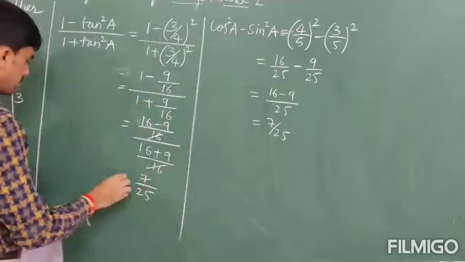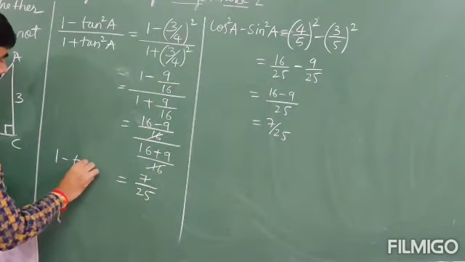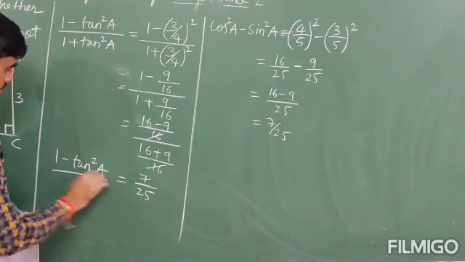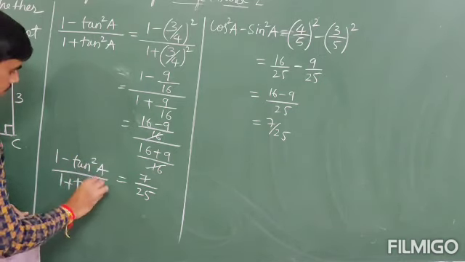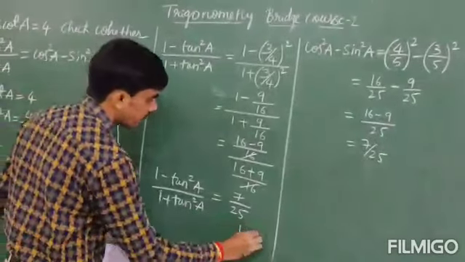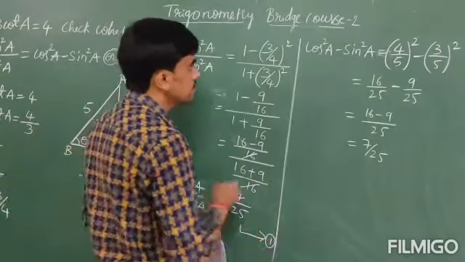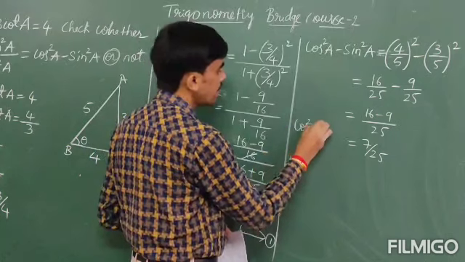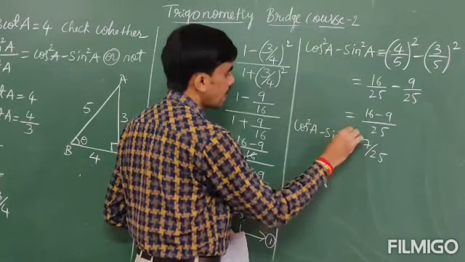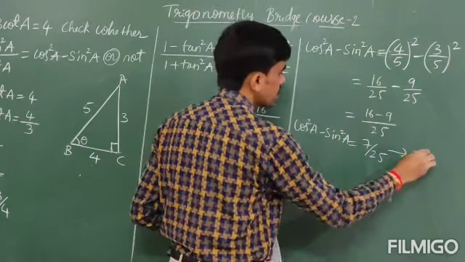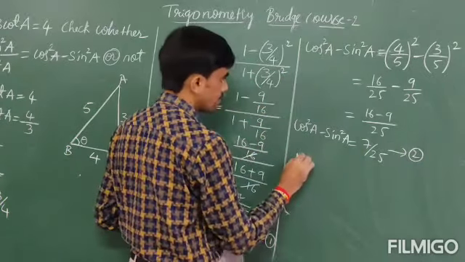Call it equation number 1: 1 minus tan square A divided by 1 plus tan square A is equal to 7 by 25. Here cos square A minus sin square A is 7 by 25. Call it equation number 2.